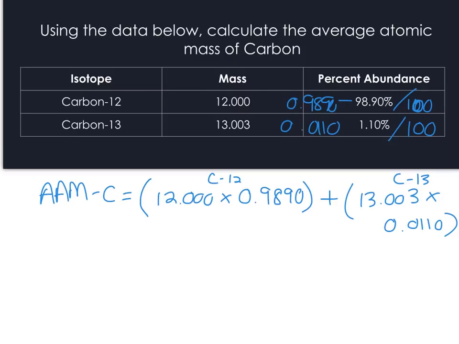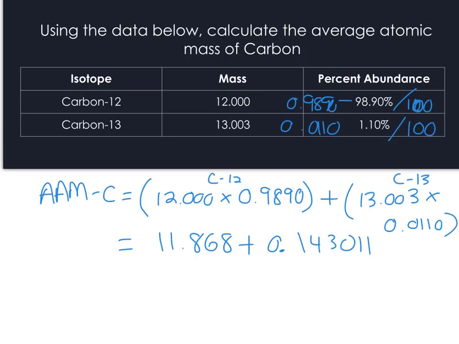Okay, so what I can now do is perform this calculation. 12 times 0.9890 is 11.868, plus 13.003 times 0.0110, which is 0.143033.